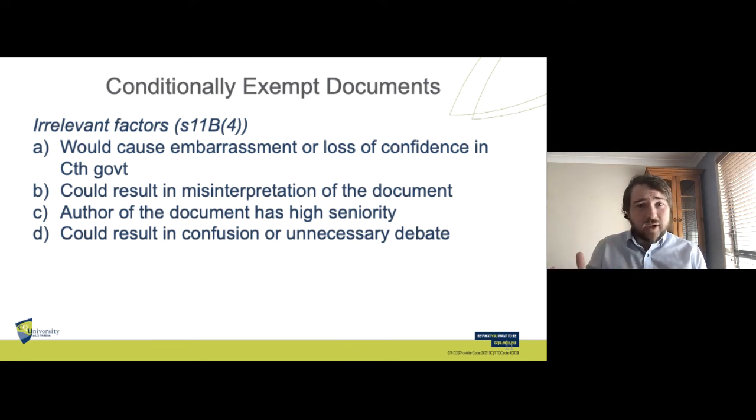The seniority of the author of the document is also not a reason. So just because the person is at a high level within the public service, that's not a good enough reason to say, well, you can't access that document. And lastly, a concern that it could result in confusion or unnecessary debate. Again, not a valid reason to deny access to a document.